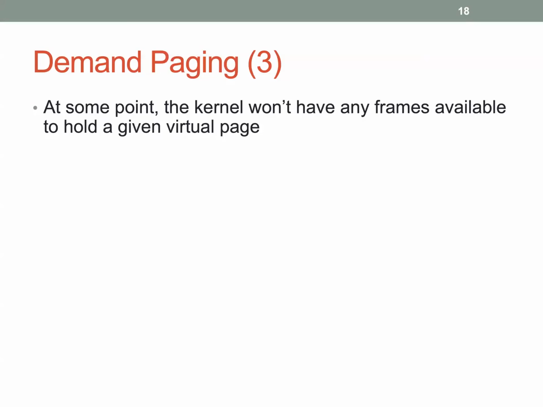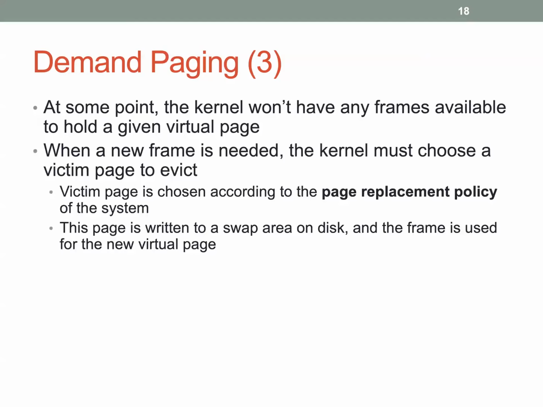At some point though, you have to figure out how to get frames available because all the frames were in use. And so this is where the kernel has to have some policy called a page replacement policy or a page eviction policy. And this is a great example of the separation of policy and mechanism, because the mechanism is go do junk on the disk.